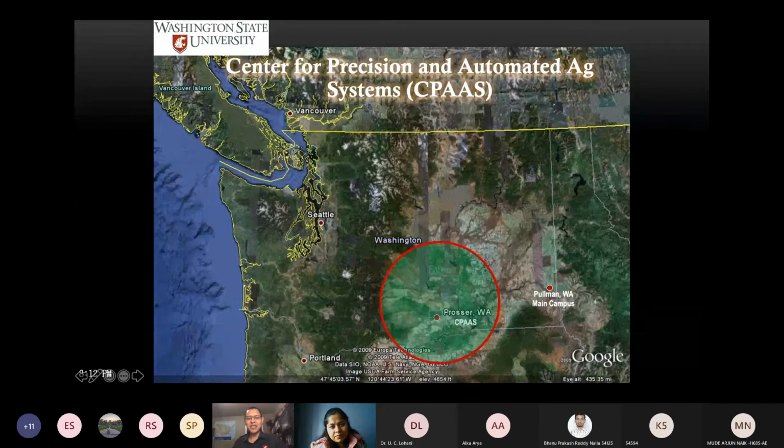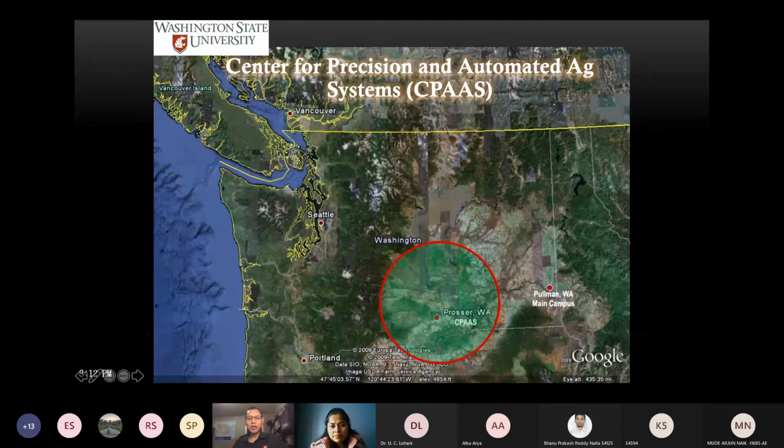This is located strategically in the kind of an arid area where we have a lot of river water flowing down through the Columbia River and Yakima River and other rivers, and it has been used very efficiently to produce a lot of high-value specialty crops such as apples and cherries and pears and such. And that's why we're also located here in the center of this specialty crop region in the state of Washington.